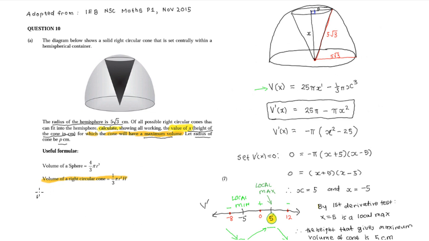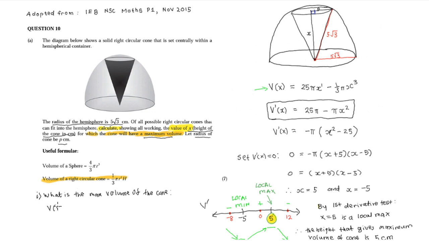If they did ask what is the maximum volume of the cone, then you would basically be working out V of 5.